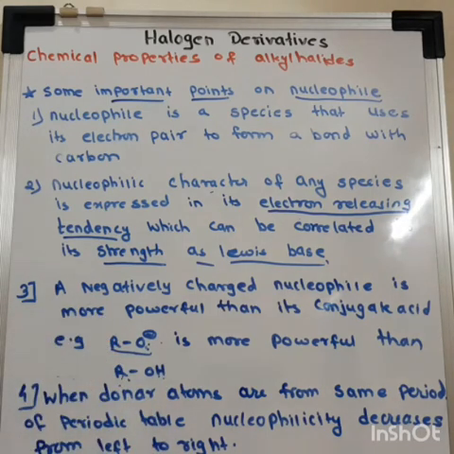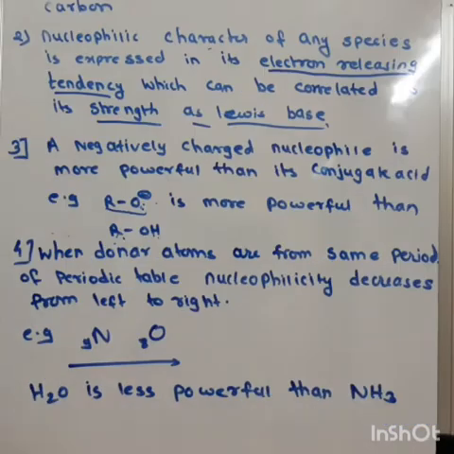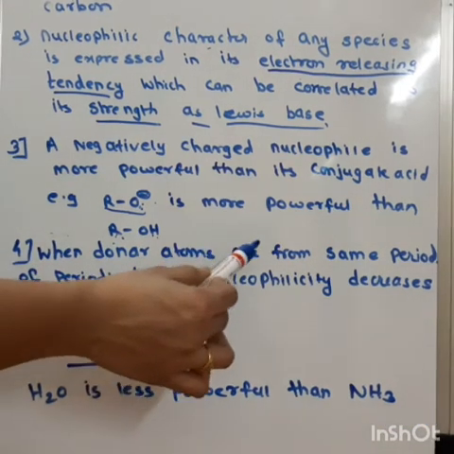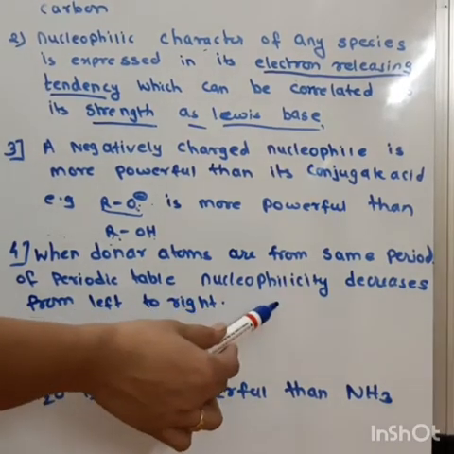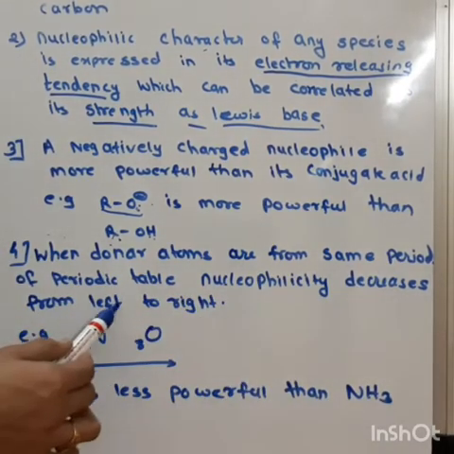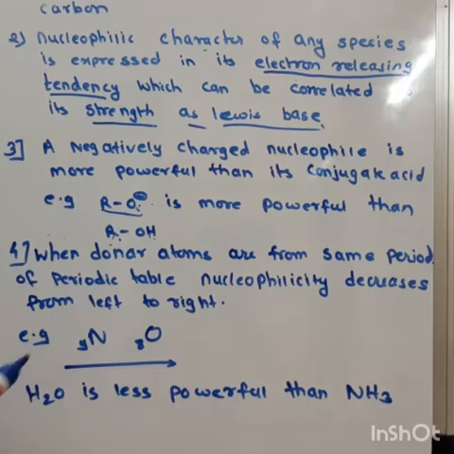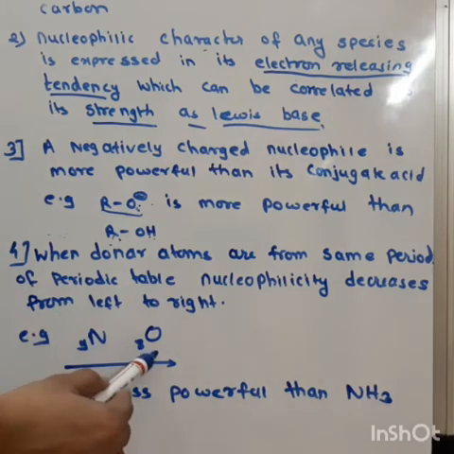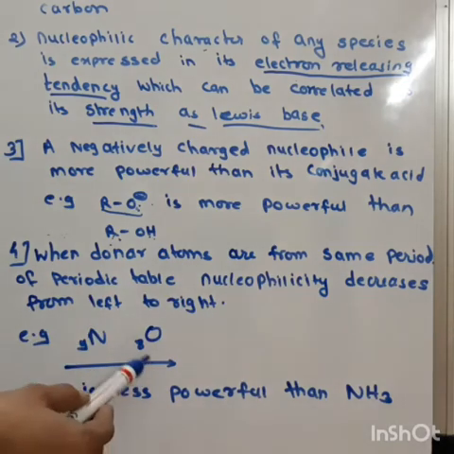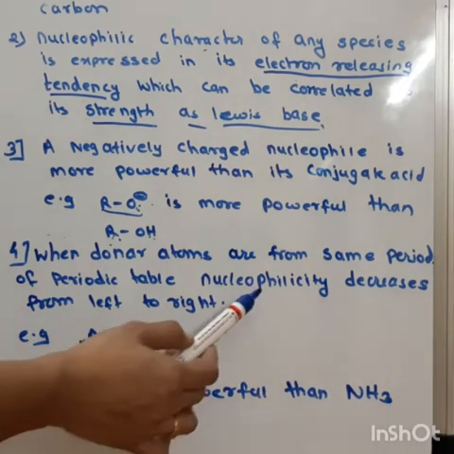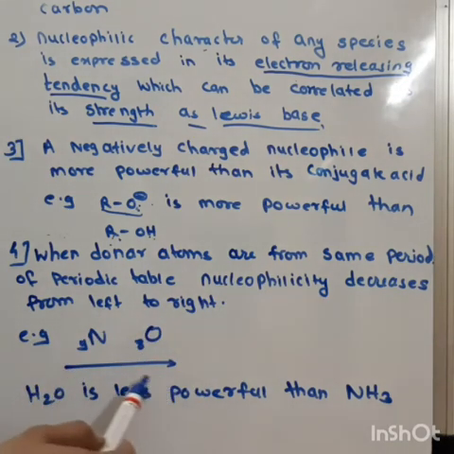Let's see the fourth point. When donor atoms are from the same period of the periodic table, nucleophilicity decreases from left to right. Nitrogen and oxygen are from the same period. Here nucleophilicity decreases from left to right, that is from nitrogen to oxygen.